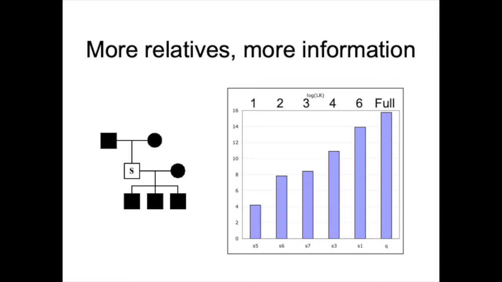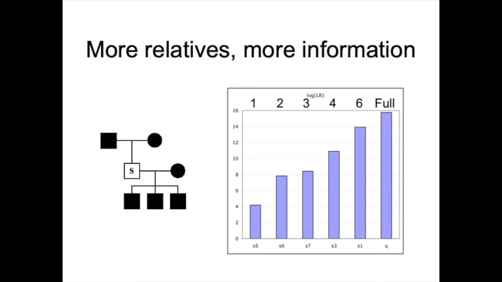The graph on the right, from the study we had done, looks at what happens when you have more and more relatives. We see that the first column with one relative produces a certain amount of information. The scale here vertically is the number of zeros in the match statistic. 6 for a million, 12 for a trillion. I think it goes up to about 16, which is almost a billion. So it's the number of zeros, which is how scientists measure information.